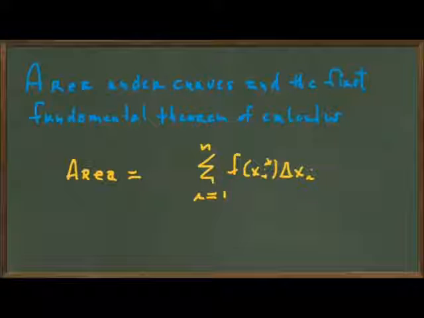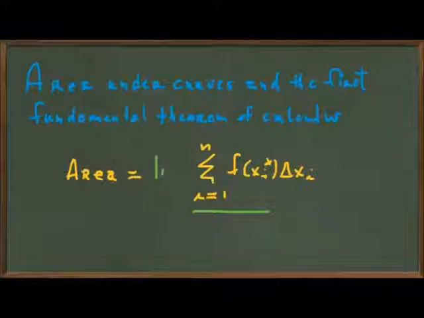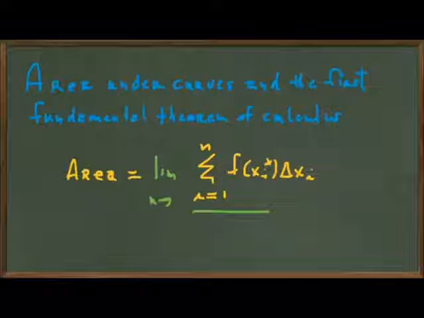And then in the final part of our laboratory work, we looked at the Riemann sum, which is this sum right here, and we found that as we let the number of intervals get larger and larger, or if we put the limit as n goes to infinity in front of this summation, we got the exact area.